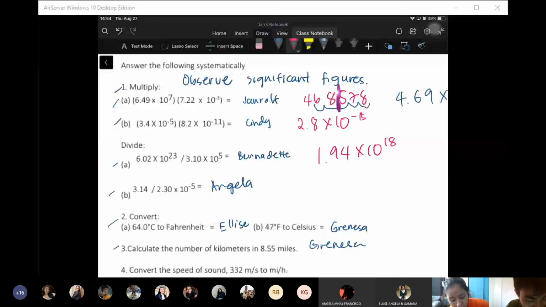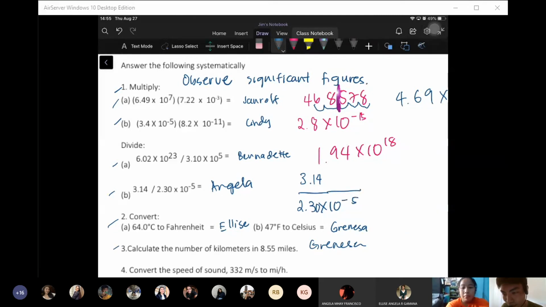Sige. So, for divide, letter B. So, ang gagawin natin, that's 3.14 divided by 2.30 times 10 raised to negative 5. We can rewrite 3.14 as 3.14 times 10 raised to 0. So, same lang yun, di ba?